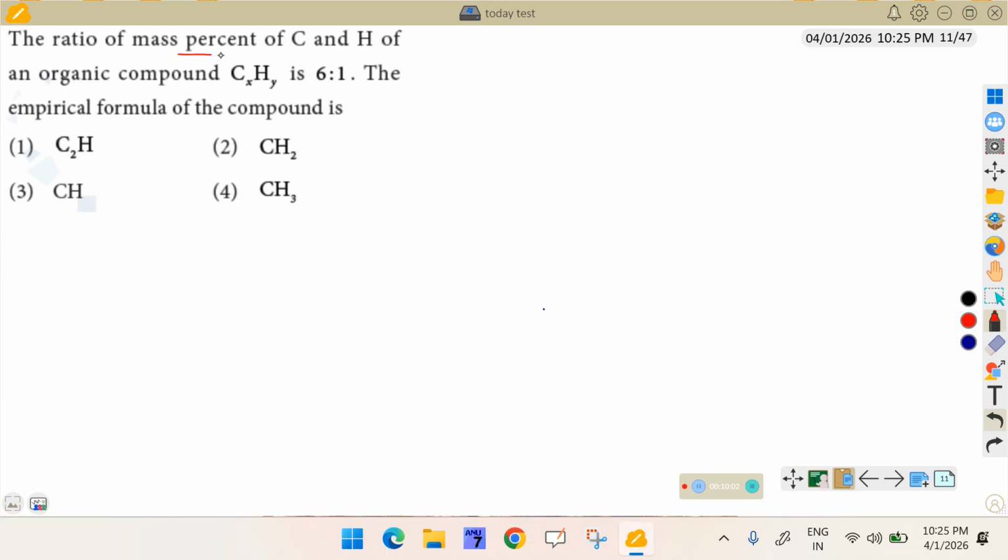The ratio of mass percent of carbon and hydrogen of an organic compound CxHy is 6:1. What is the empirical formula of the compound? I think second option. How? First calculate percentage of carbon. In CH2 molecule, carbon atomic weight is 12 grams, total weight is 14 grams, into 100. That is equal to 1200 by 14.